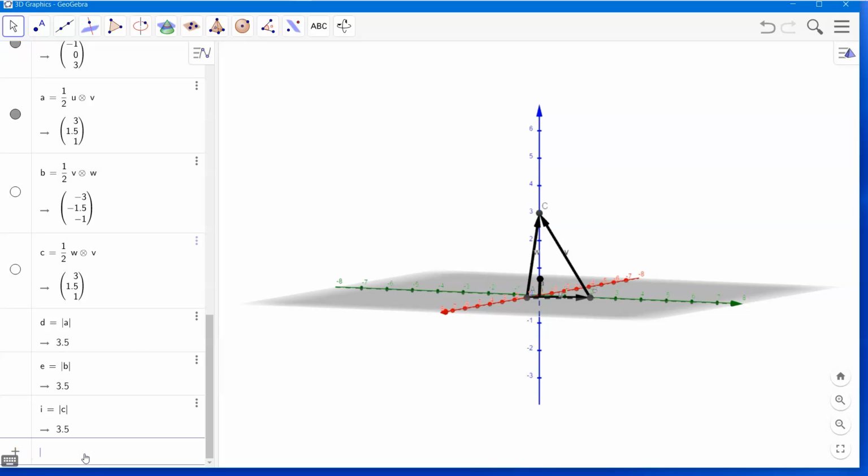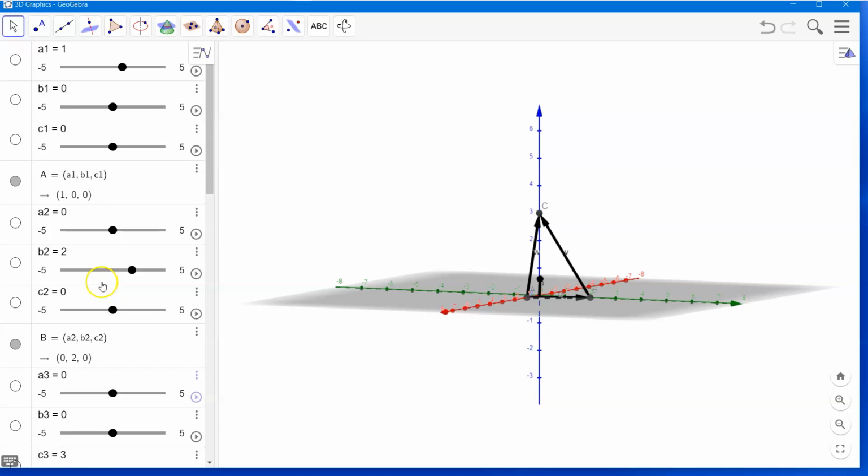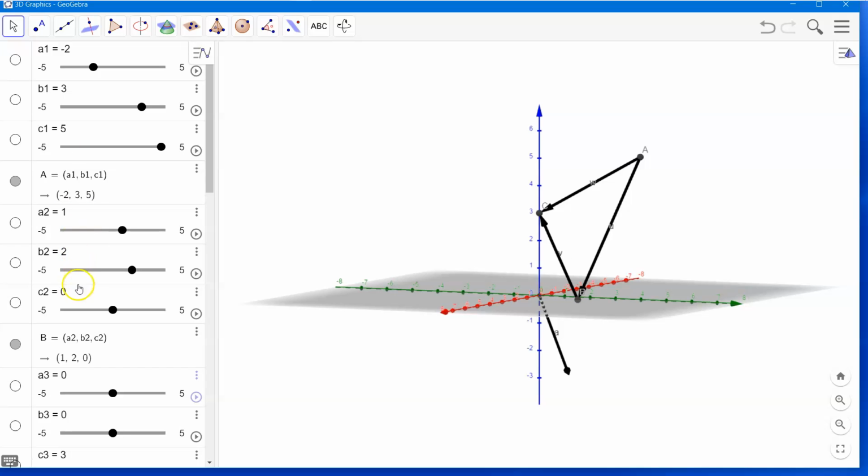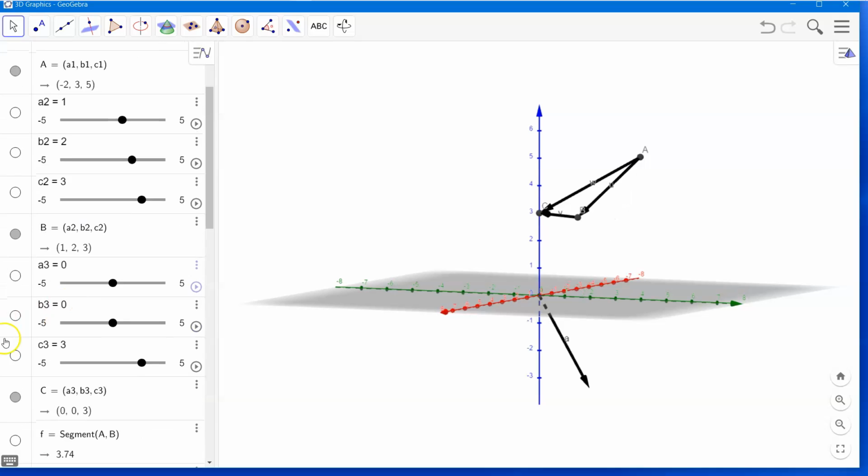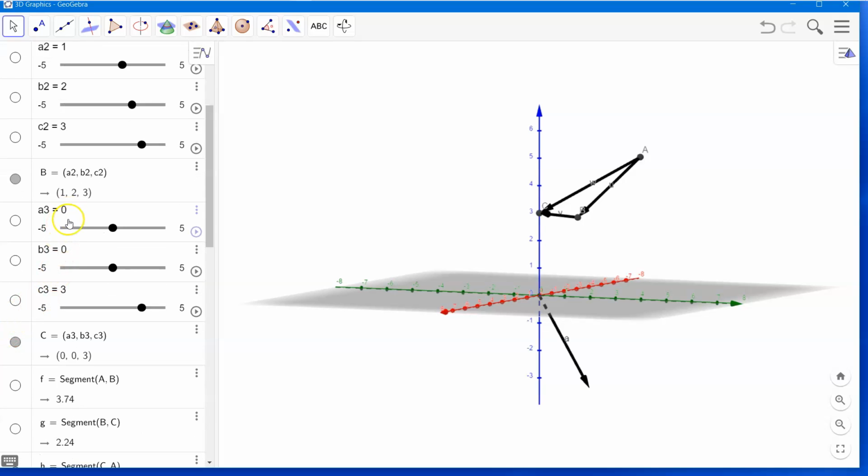So let's give an example of such a case. So I have a case, -2, 3, 5. So 3 and 5, right? Now here I have 1, 2, 3. So 1, 2 and 3. And I have 7, 0, -1.